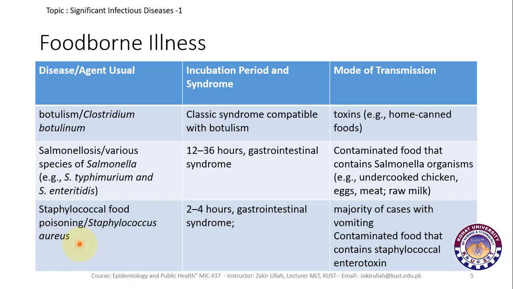Staphylococcal food poisoning is one of the major diseases, caused by Staphylococcus aureus, and their incubation time is very short, from 2 to 4 hours. They also have gastrointestinal symptoms, diarrhea, abdominal discomfort, pain, and sometimes vomiting.